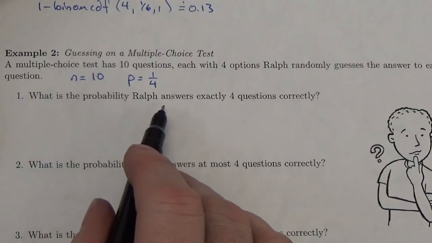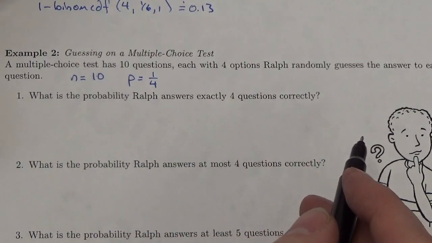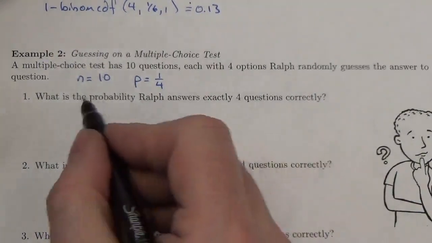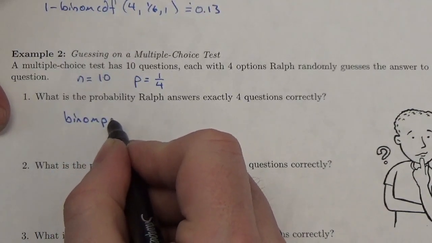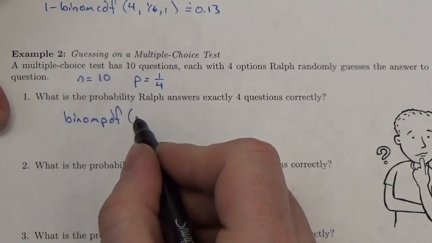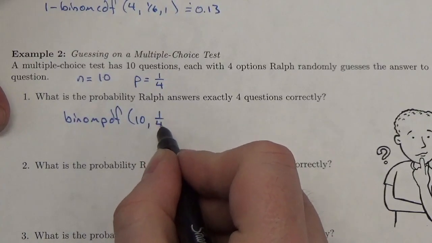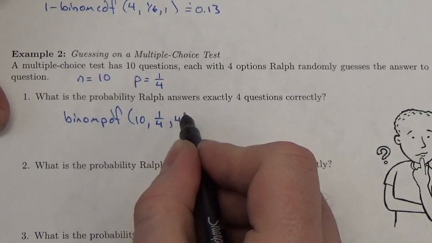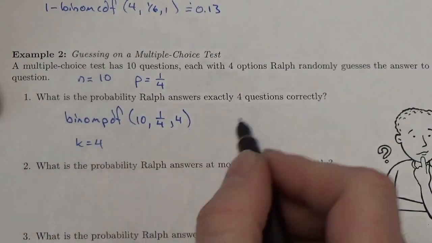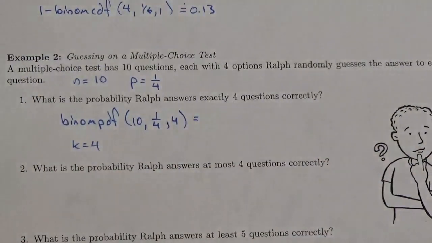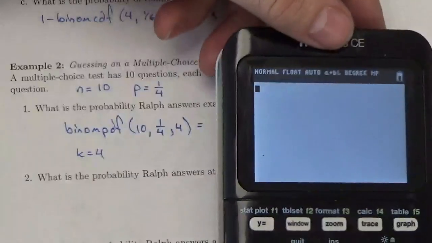What is the probability that Ralph answers exactly 4 questions correctly? Well, because it's exactly, this is going to be a binomial PDF: 10 trials, 1/4, and then 4. Remember our K, the number of successes, is going to be 4. So now we just go to the calculator.